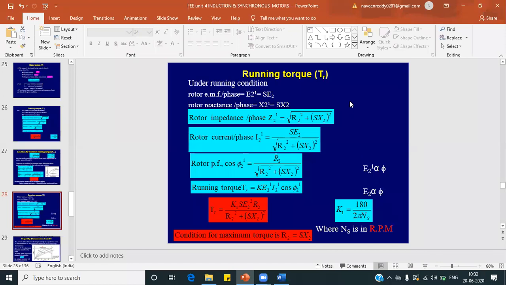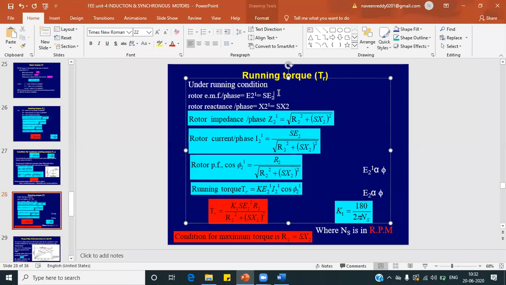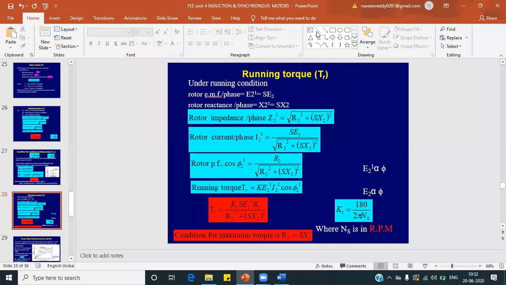Now see running torque. Here you have to consider the slip. Again, what is the torque? Torque is equal to some constant K and E2 and I2 and cos phi 2.